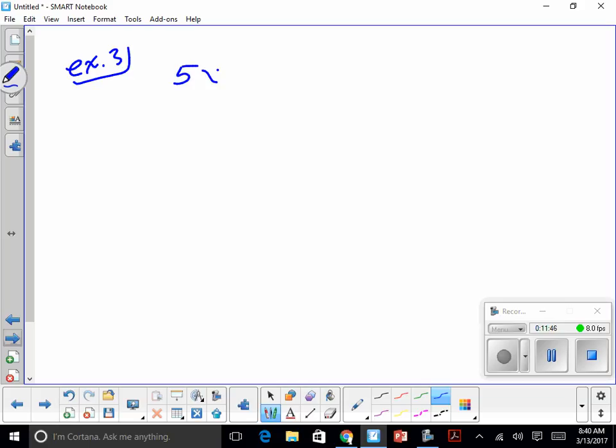All right, this is the last of the old ones. Go ahead and write what the inverse is of what we need. It is 5 times a number. We need to do the inverse of that.